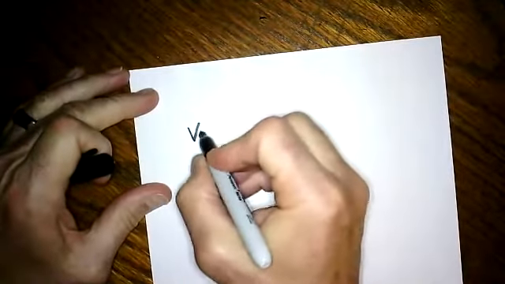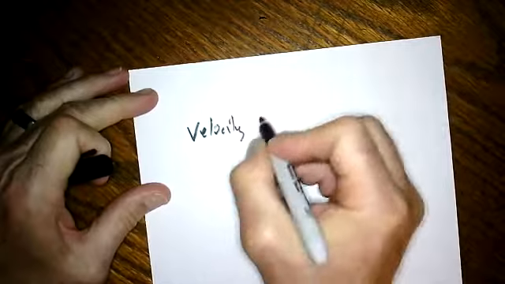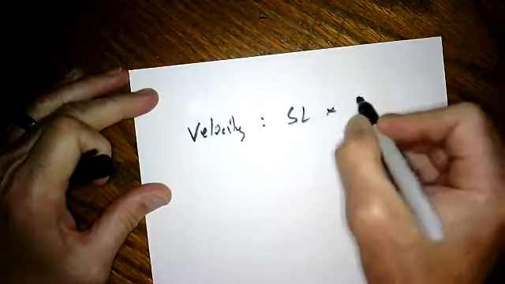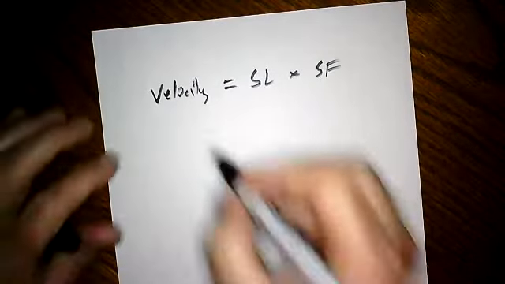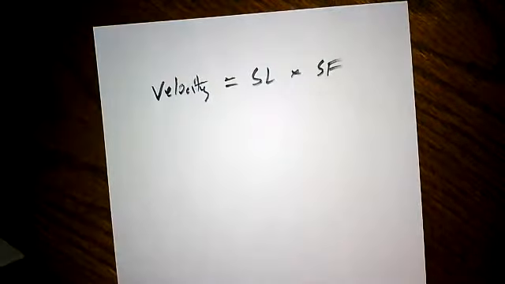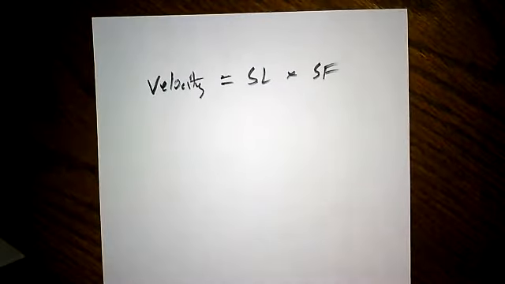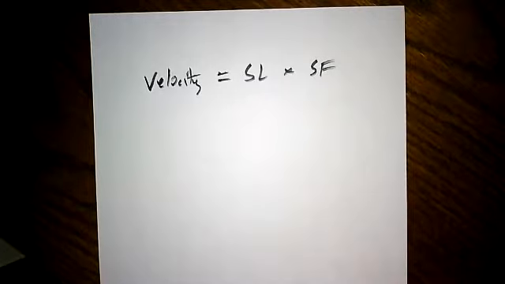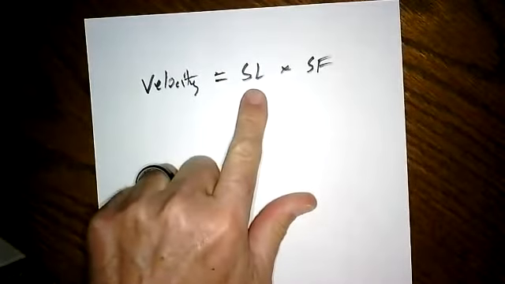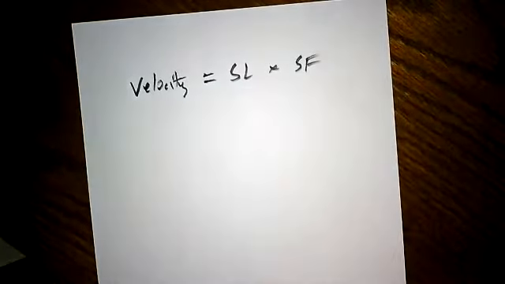And then there are some other things that we've done where we looked at velocity of running being equal to the product of stride length and stride frequency. That equation is good to know. We understand that for both swimming, where this would be stroke length and stroke frequency, and running, where this would be stride length and stride frequency.